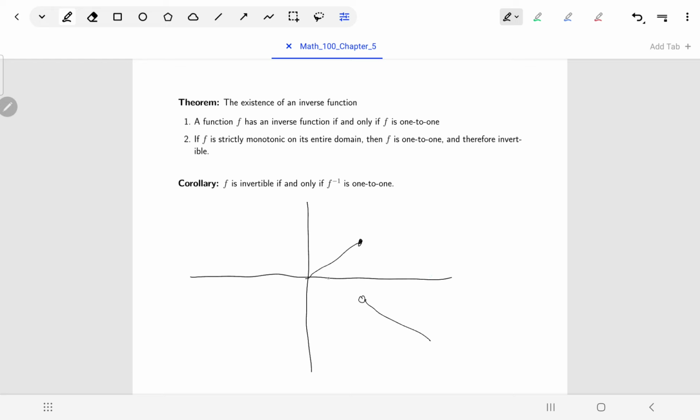There is no pair of x values that give me the same y value. I have a y value there, but that's a hole down below. So this would be a function that is invertible, but it is not strictly monotonic. It increases for a while and it decreases. That's the plot twist there. If we have a function that's discontinuous, you could be invertible, but also not strictly monotonic.